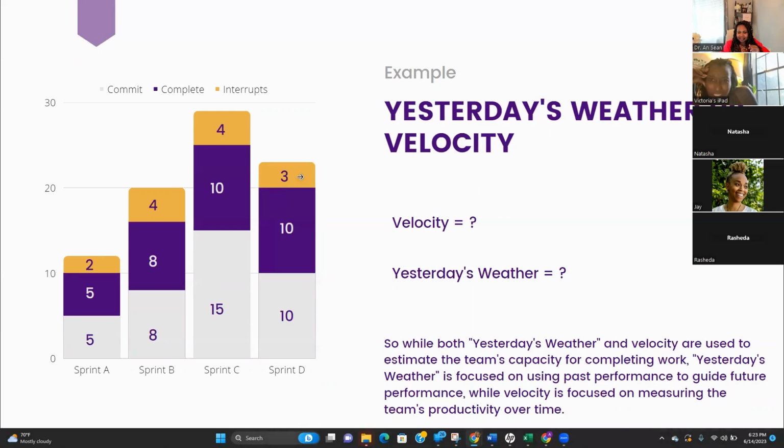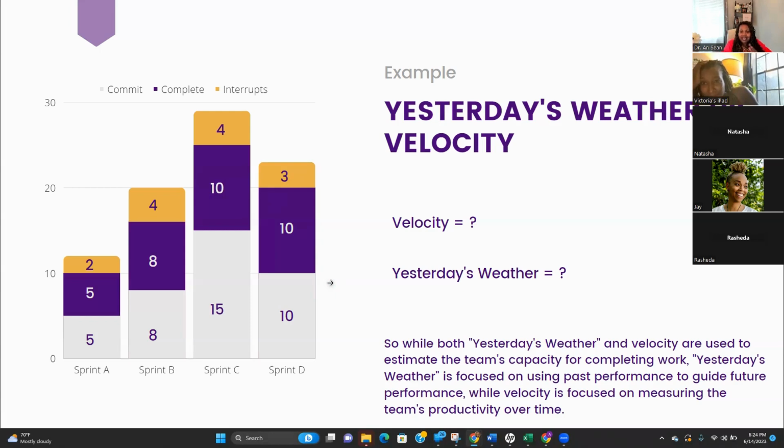Is it 3? Yep, it's going to be 3, because we're looking at yesterday's weather, what happened last sprint. Makes sense, right? Because the key word is yesterday: what happened in that last sprint.